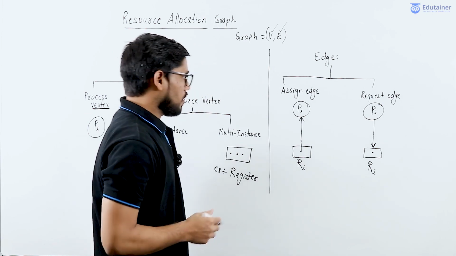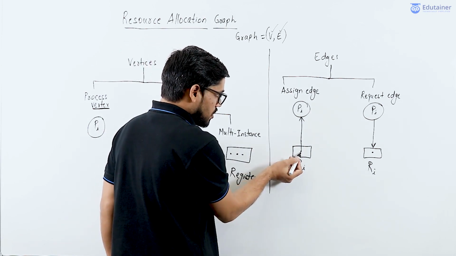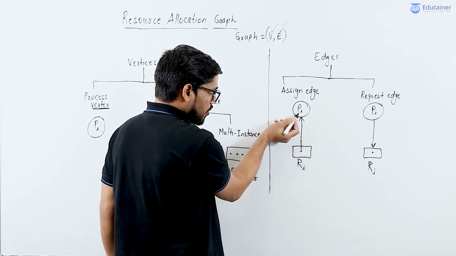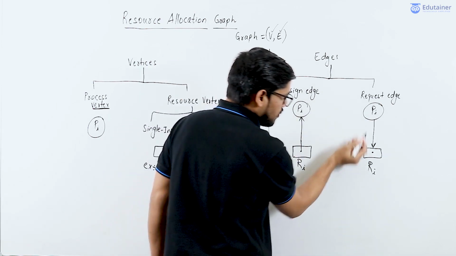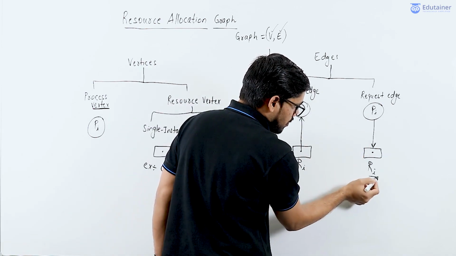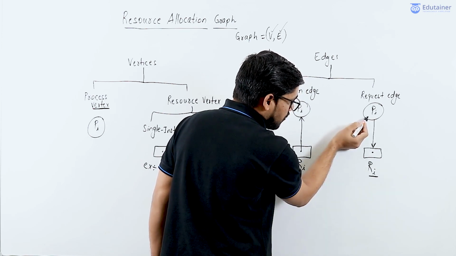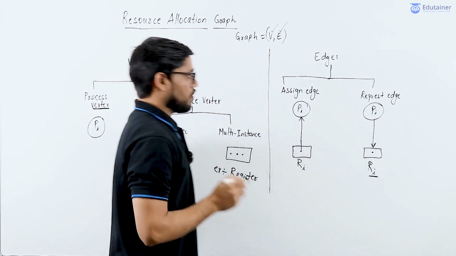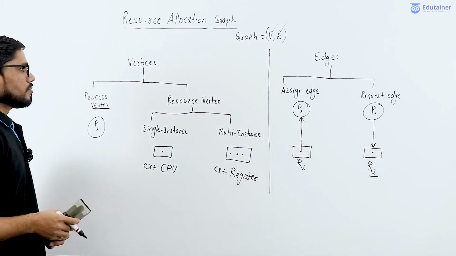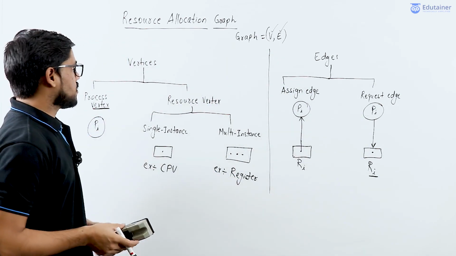Assign means this particular register Ri is currently assigned to, and held by, the process Pi. Here the register Ri is currently free, and process Pi wants it, so it requests register Ri. So keep this concept in mind.